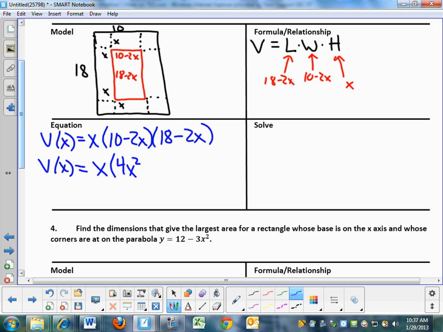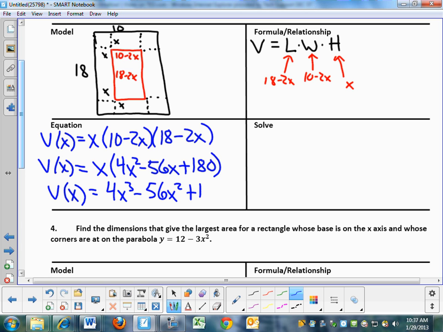We're going to have a minus 36X and a minus 20X. Minus 56X. So we have 18 times 10 is 180. So the volume in terms of X will be 4X to the third minus 56X squared plus 180X.